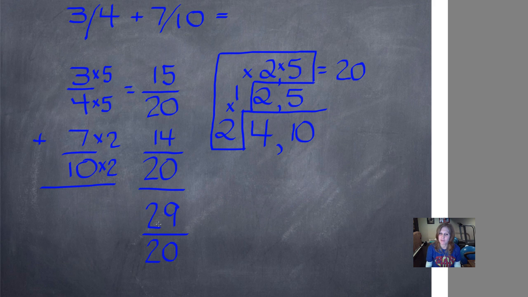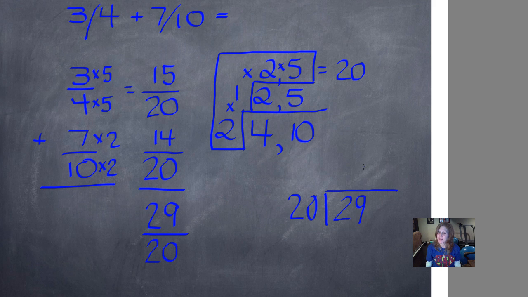That's an improper fraction. For a true fraction, the numerator has to be smaller than the denominator, and it's not. So I'm going to use this as a division problem. 29, there's my division symbol, 29 divided by 20. So I'm going to come over here again, and 29 divided by 20.